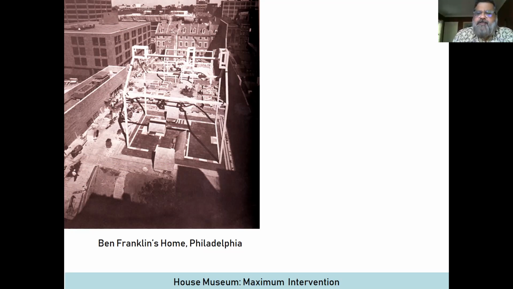But in 1976, Ben Franklin's house was no longer there. It was a vacant site. The house had been demolished in 1812. So the house hadn't been there for almost 1.5 centuries.